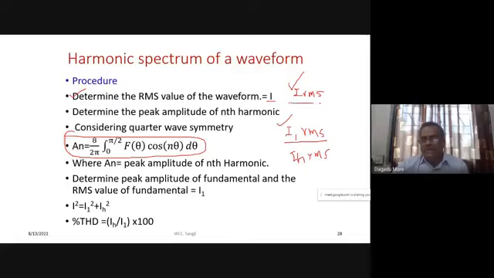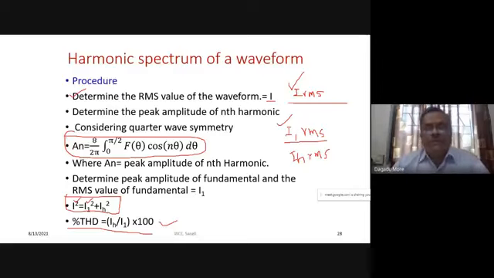We can get the RMS, and using this expression, IRMS square will be I1 RMS square plus IH RMS square. Once we know I and I1, we find out IH, and our THD percentage will be IH by I1 into 100.